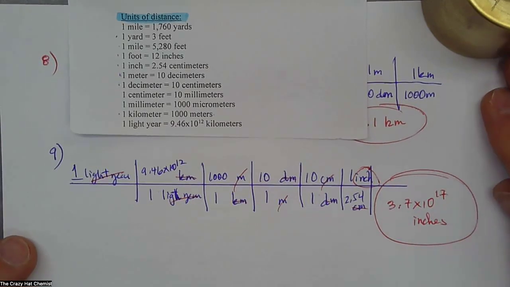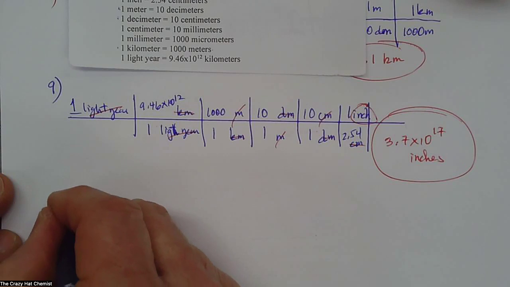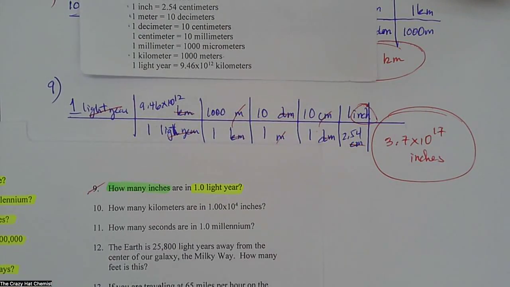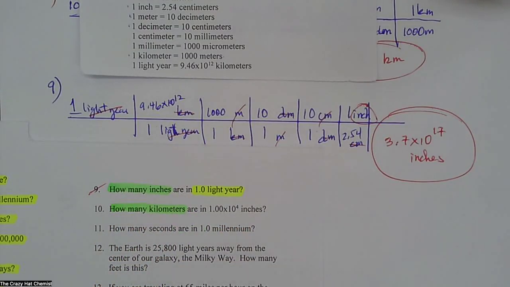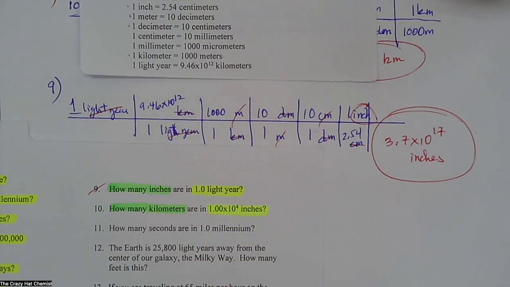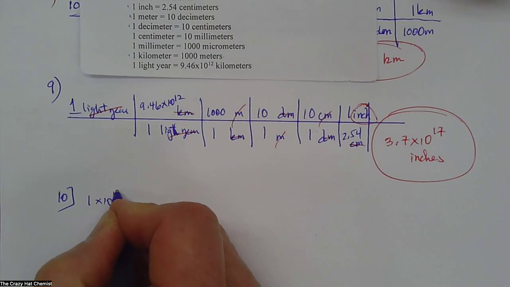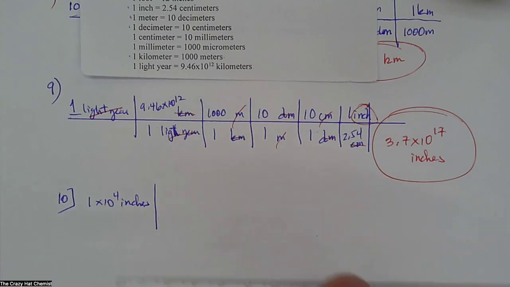Okay, let's see if we can do this next problem right over here. Number 10. Okay, so number 10, what does number 10 say? It says how many kilometers are in 1 times 10 to the 4 inches? Okay, so we're going to start off with 1 times 10 to the 4 inches, and we want to get kilometers out of this.